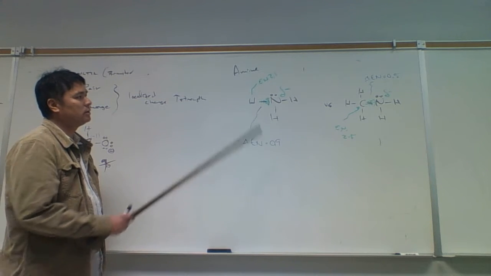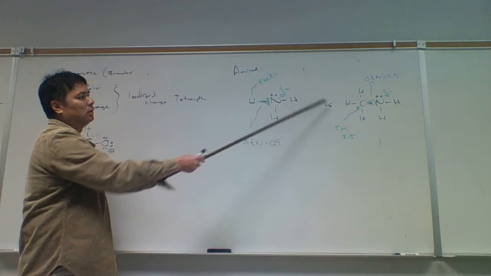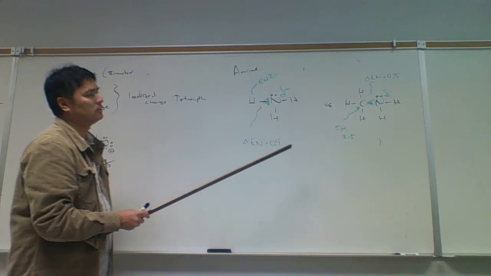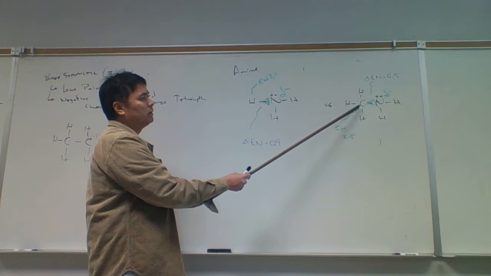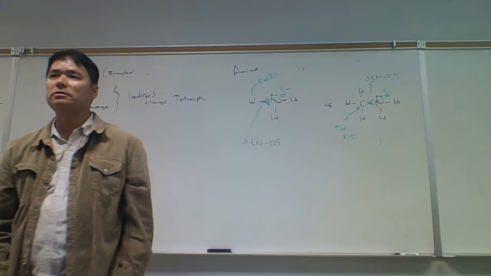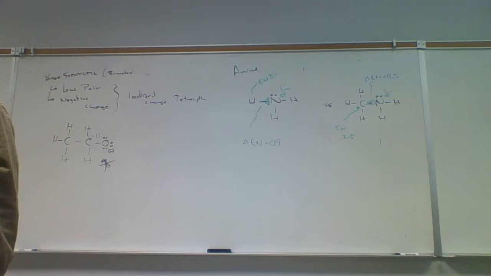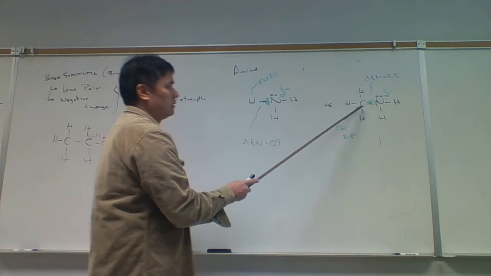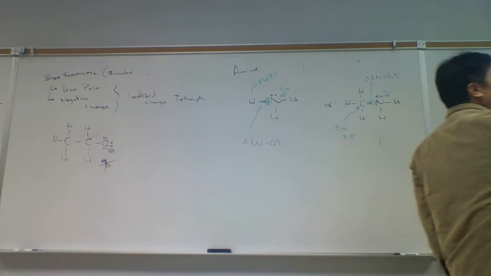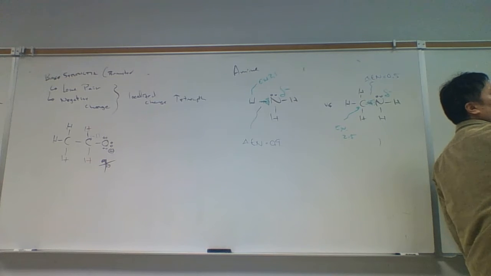When I look at these two groups, if I compare a methyl group with a hydrogen group, one thing I look at is the oxidation state. What's the oxidation state of the methyl here? It is different than the oxidation state of the hydrogen. The methyl is the CH3.